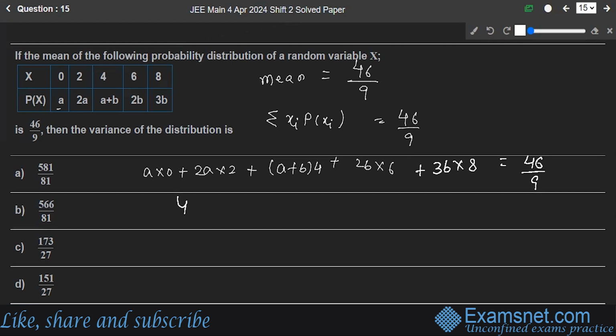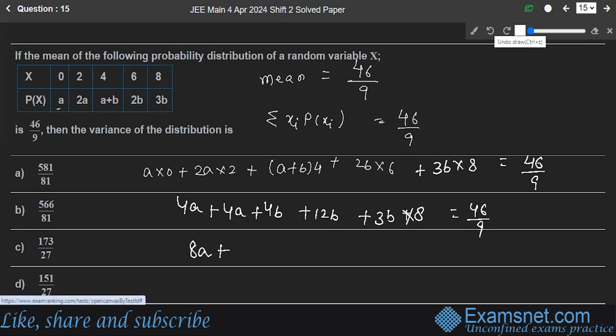I made a mistake here: it was multiplication, so there's a change.